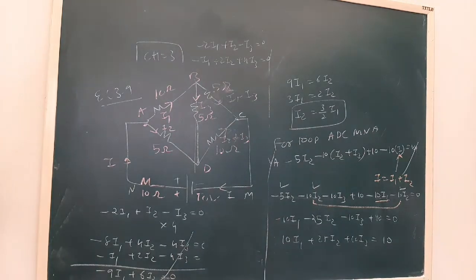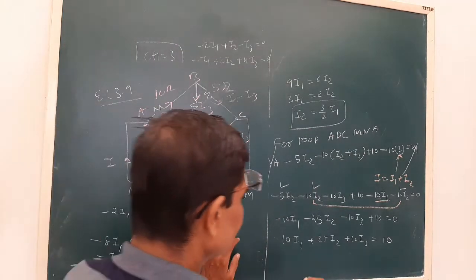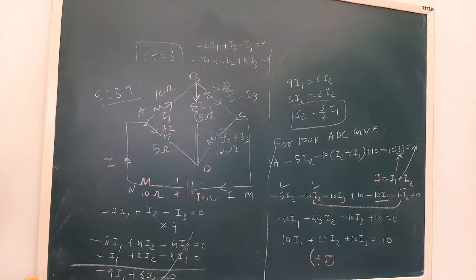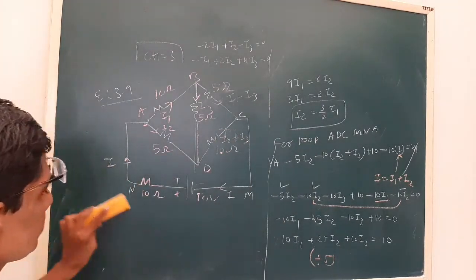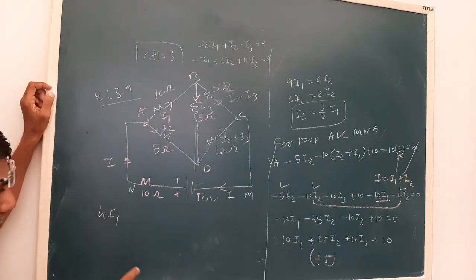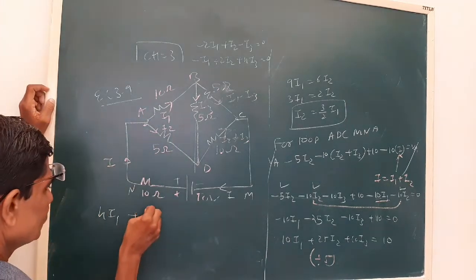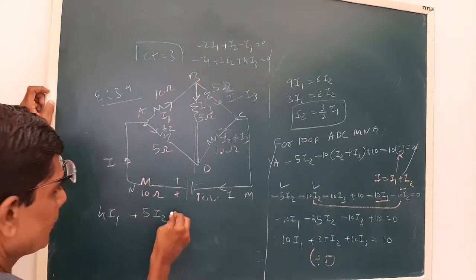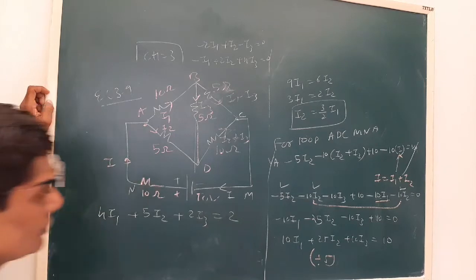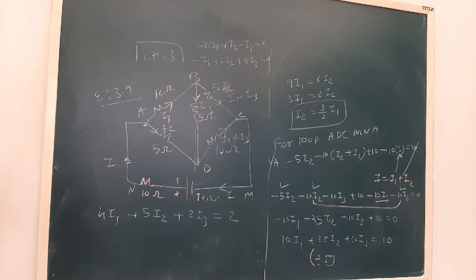Now all are multiples of 5, so it will be 4I1 plus 5I2 plus 2I3 is equal to 2. Now, see, we have to simplify.